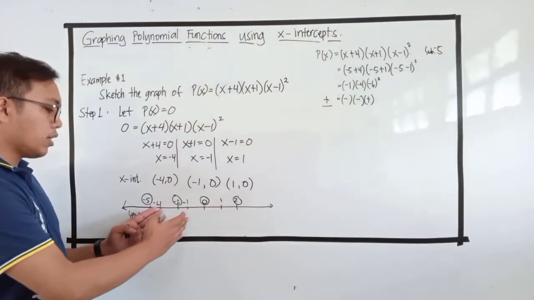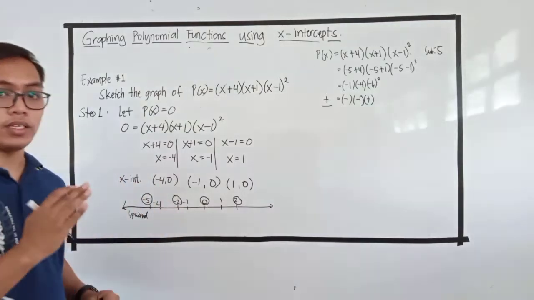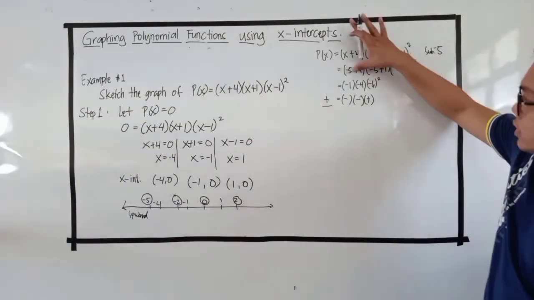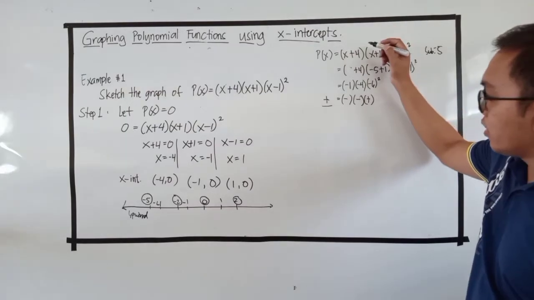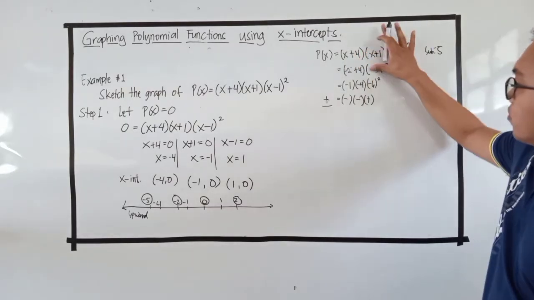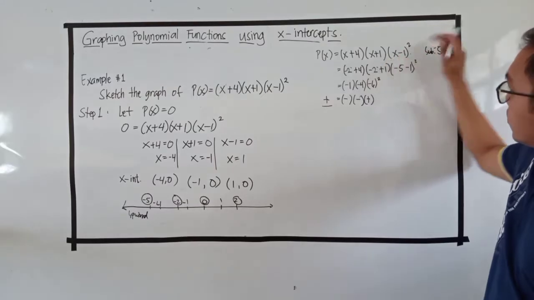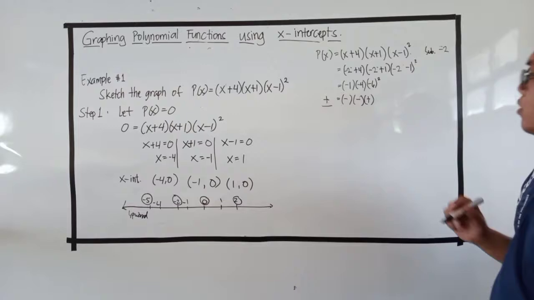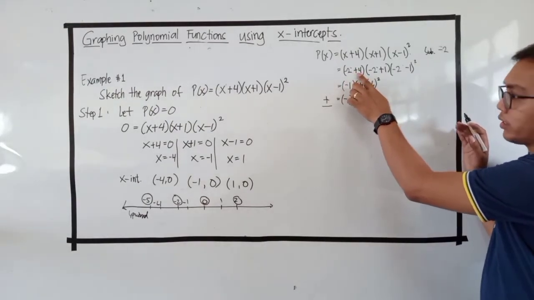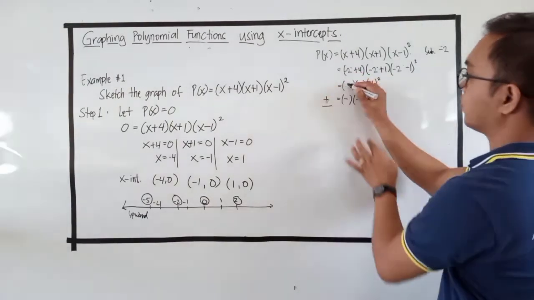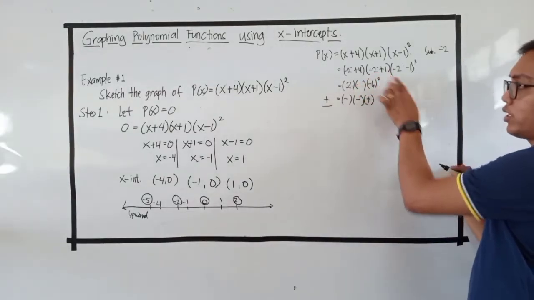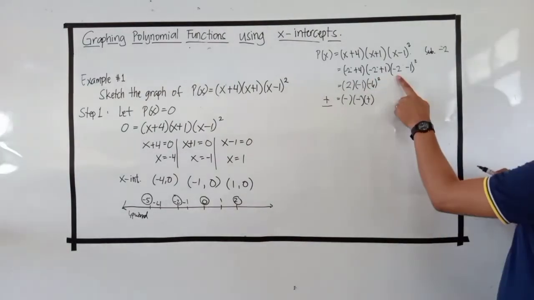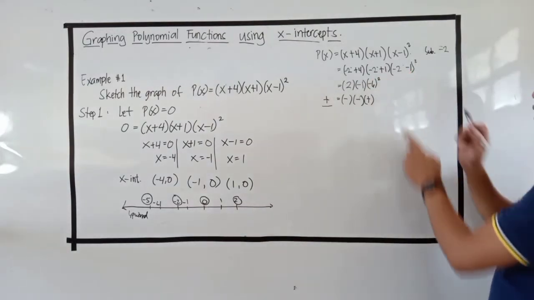How about in between -4 and -1? We do the exact same thing. We replace this by -2. We substitute -2. -2 plus 4 is +2. -2 plus 1 is -1. -2 minus 1 is -3.